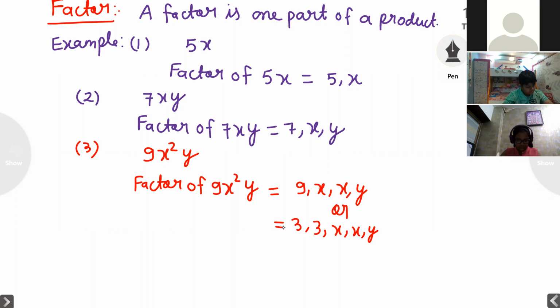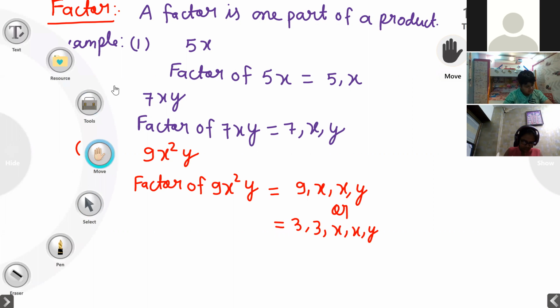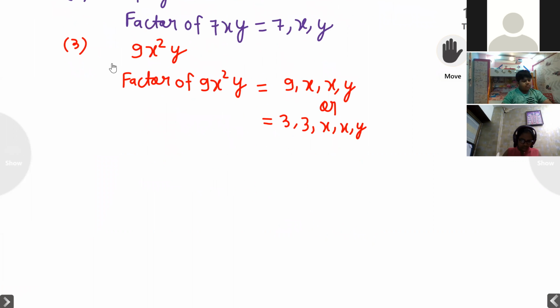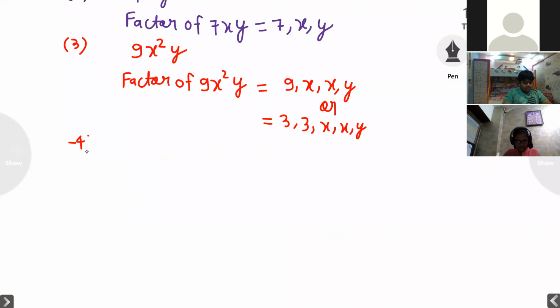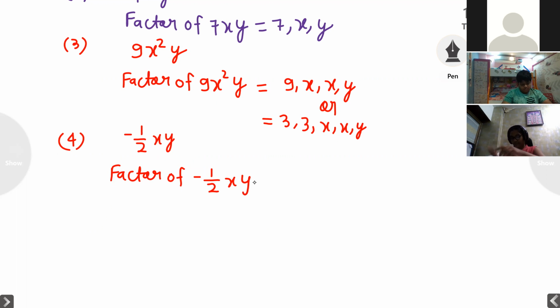Next, fourth example: factor of minus 1 by 2 xy. See, what is the problem? No problem.